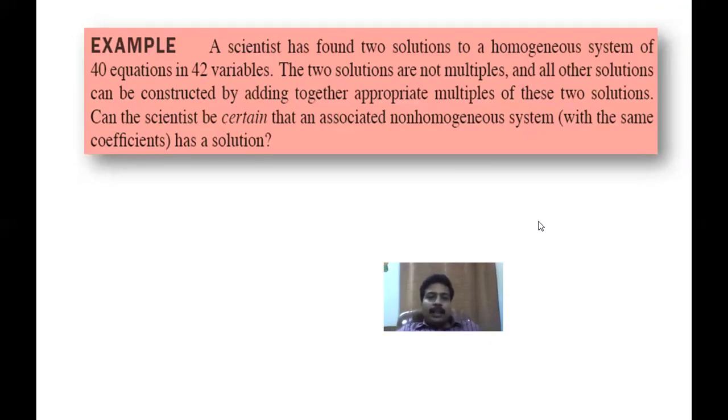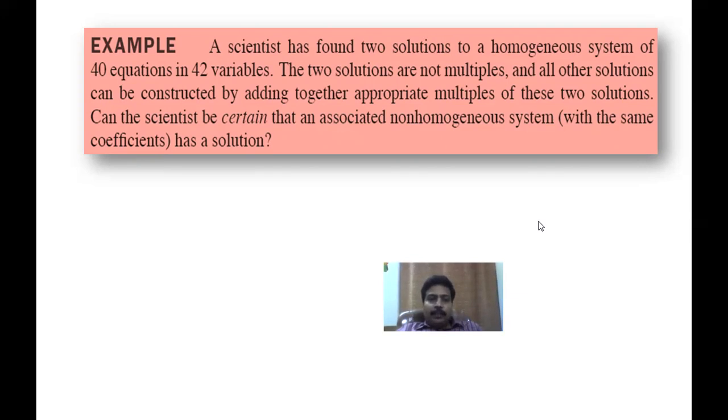A scientist has found two solutions to a homogeneous system of 40 equations in 42 variables. The two solutions are not multiples, and all other solutions can be constructed by adding together appropriate multiples of these two solutions.